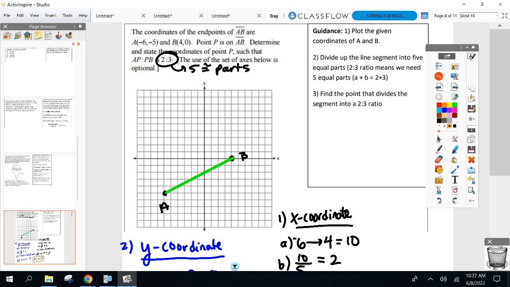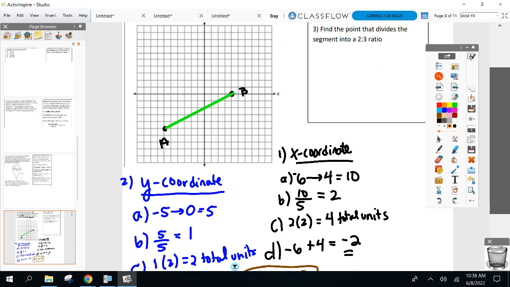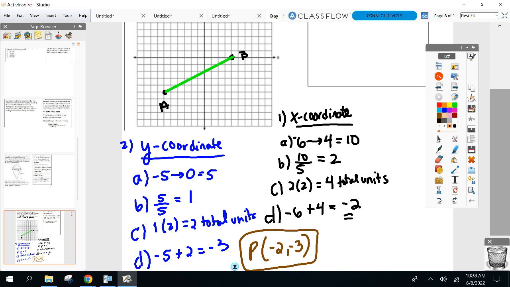Your partition point better be on there. If it's not on the line segment, we did something wrong. So that's a quick check if you're doing the partition questions right. It should land on the line. 1, 2, 1, 2, 3. There's my partition point, landed right on the line.